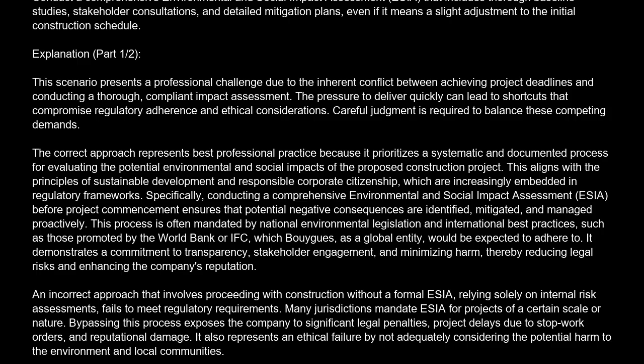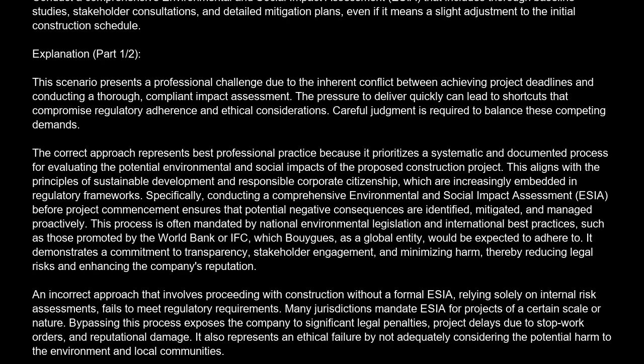This aligns with the principles of sustainable development and responsible corporate citizenship, which are increasingly embedded in regulatory frameworks. Specifically, conducting a comprehensive environmental and social impact assessment (EIA) before project commencement ensures that potential negative consequences are identified, mitigated, and managed proactively.